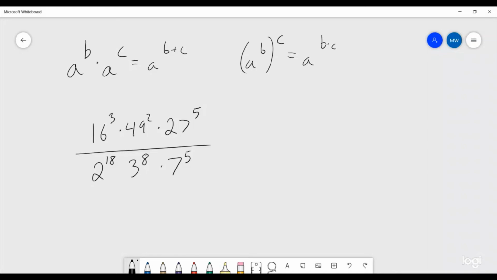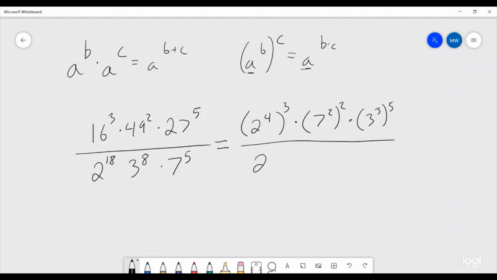Well, none of these have the same base, so none of these are written with the same a value, but some of them we can rewrite that way. For example, 16 is 2 to the 4th, so we have 2 to the 4th cubed, 49 is 7 squared, and 27 is 3 cubed.